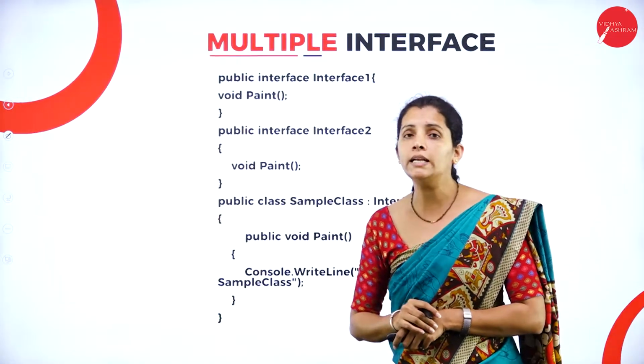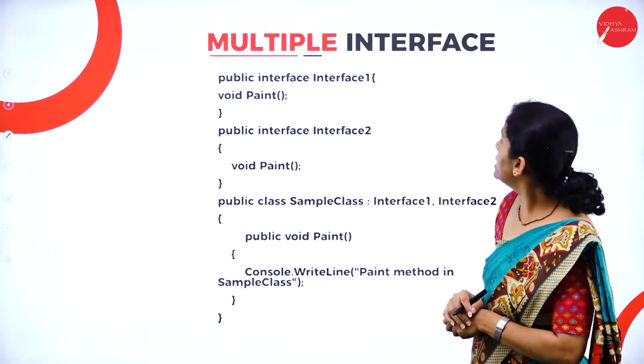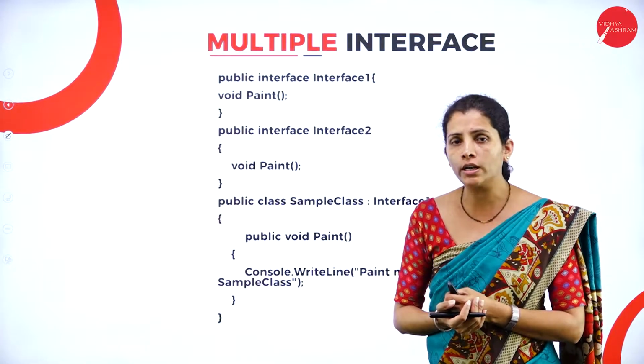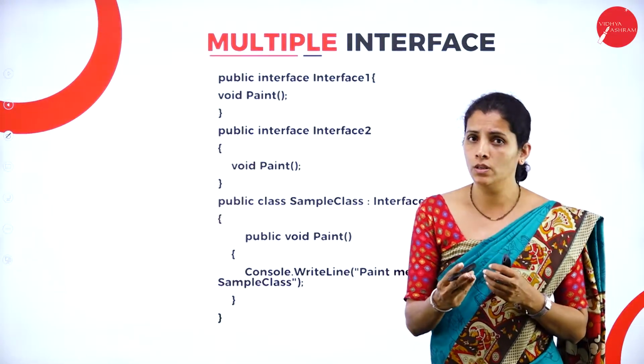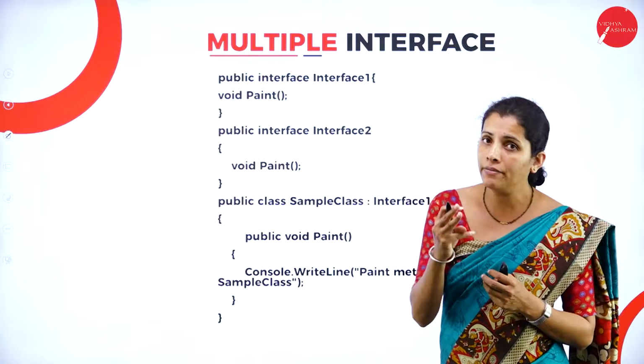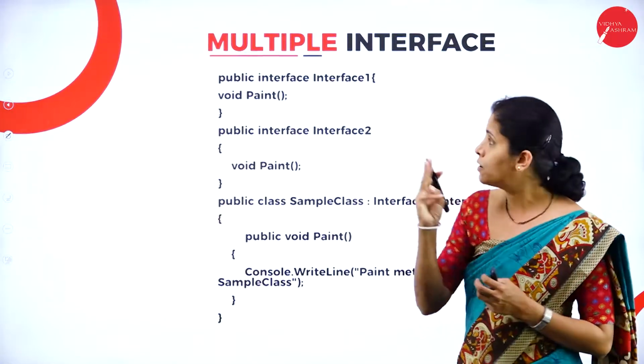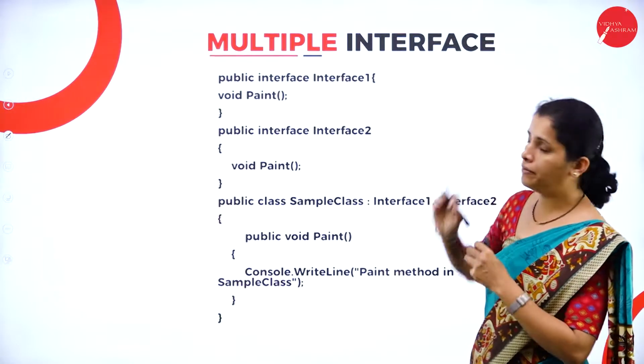Now dear student, I am going to have multiple interfaces. So multiple in the sense what? It is more than one. So dear student, when I define more than one interface, then it is called multiple interface.